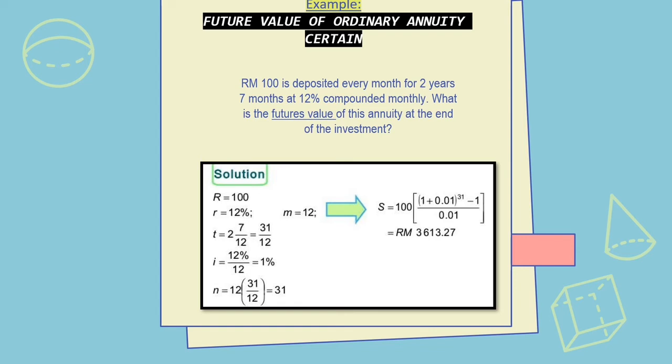Then for the interest rate we just divide R with M, then it will become 1%. For the N we just multiply M with T, so we get 31.